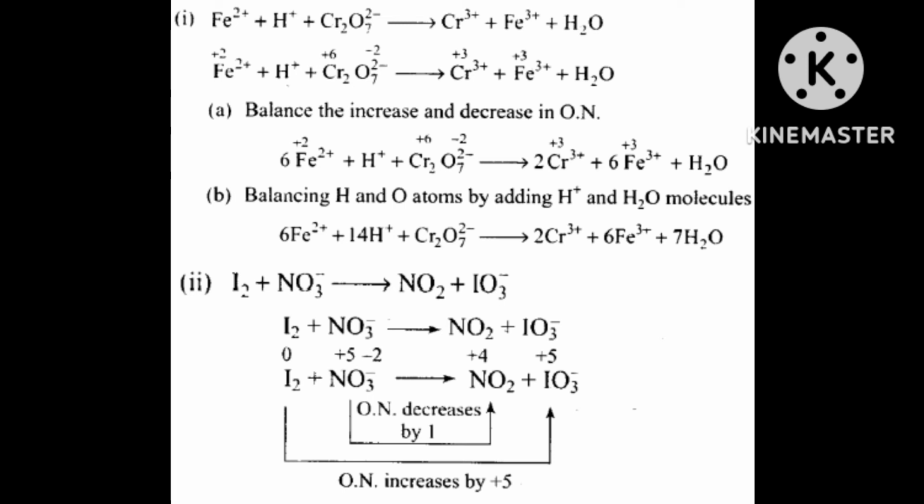Then, because you are introducing hydrogen, you have to add water on the opposite side. If you have introduced 8H on the left side, then on the right side you write 4H2O. Then you will see oxygen is balanced atom-wise, and charge-wise also balanced.